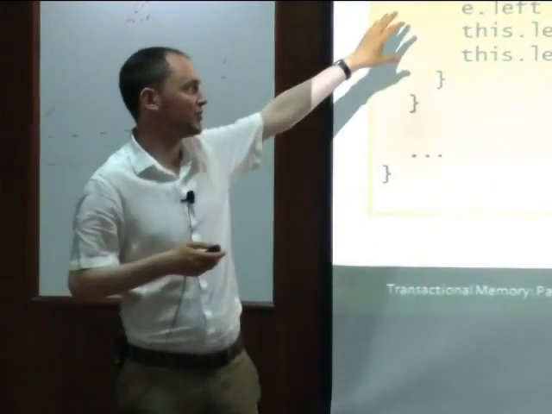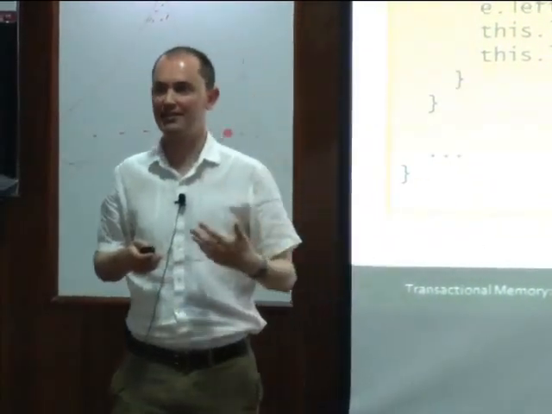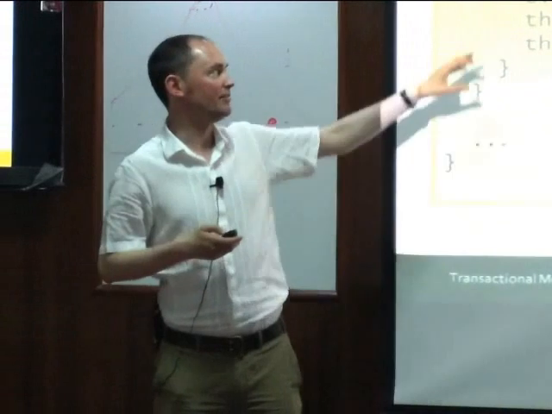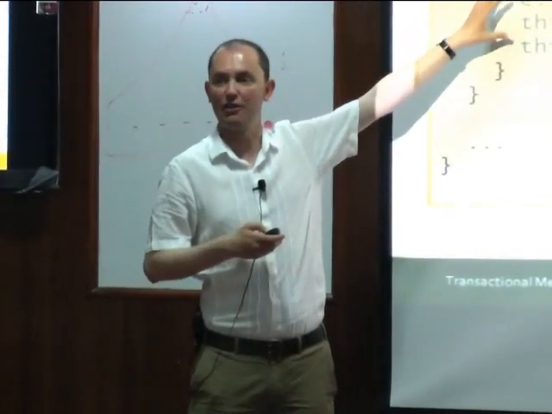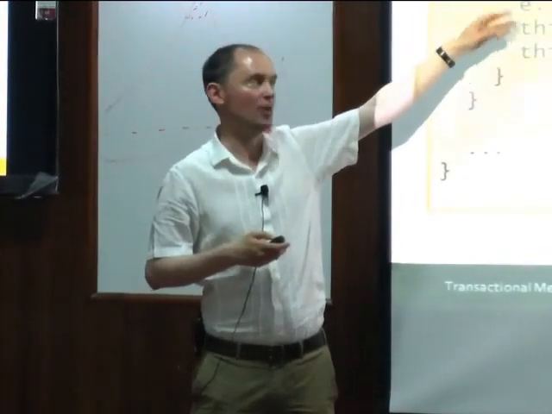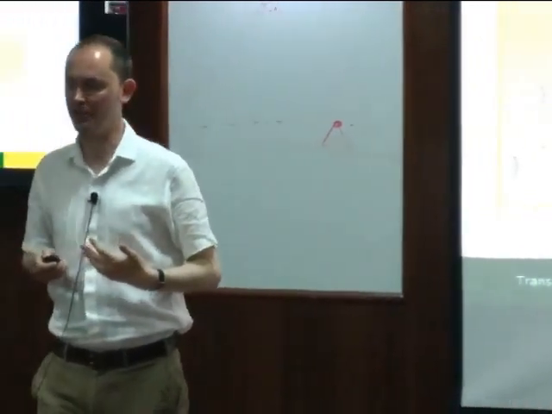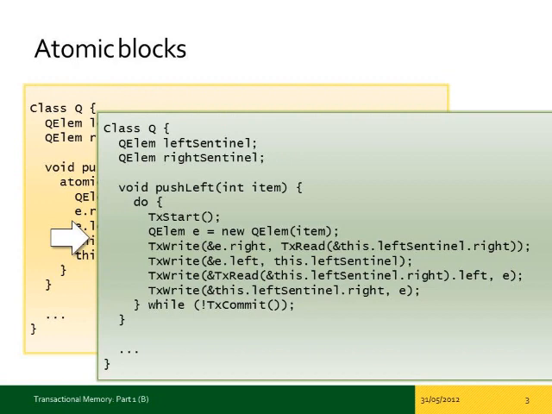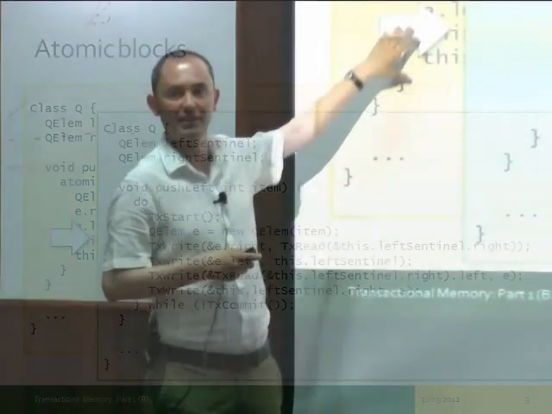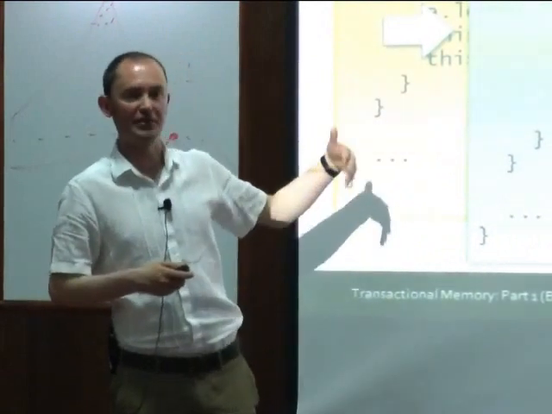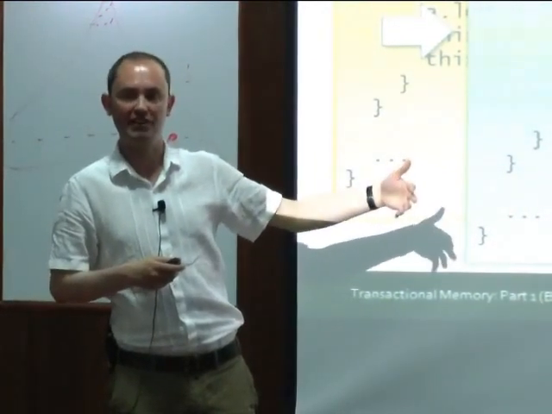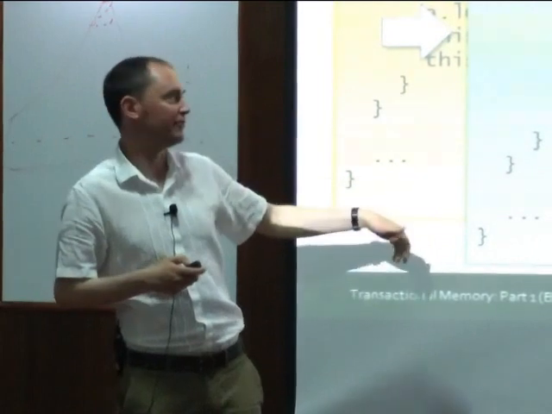So lots of pointer swizzling, but the guarantee of atomicity and isolation means that we don't have to worry about how concurrent atomic blocks interact. We just have to make sure that this atomic block moves from one consistent state of the queue to another. And we'd like to allow the program to implement something like that with atomic blocks rather than using the low-level read and write API that the STM system provides.